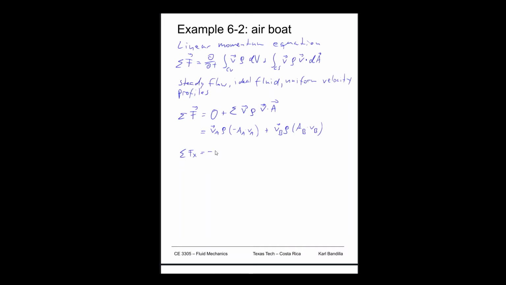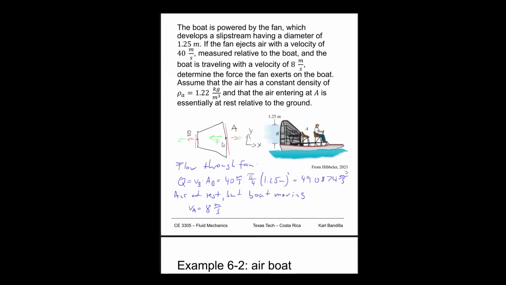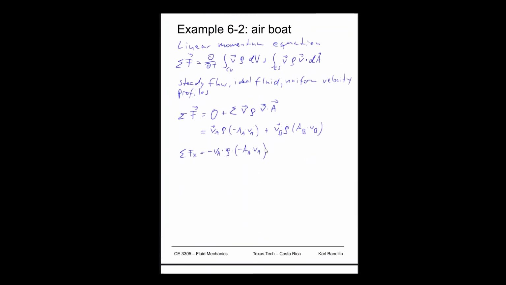So we'd have minus VA times rho times minus AA times VA. And then back here, at B, the velocity also goes opposite to x, so it will also be minus VB times rho times AB times VB.